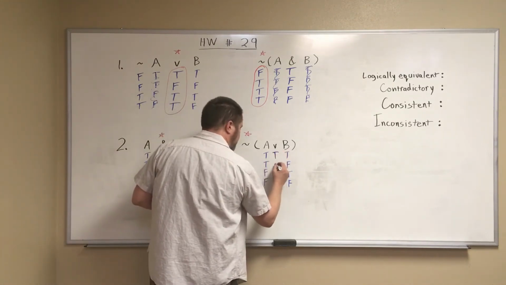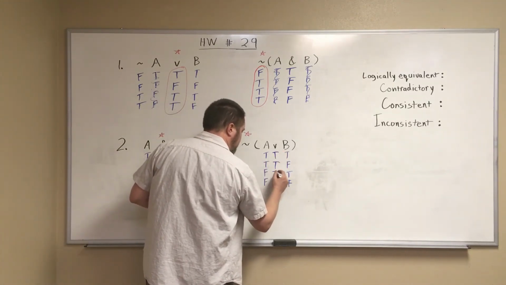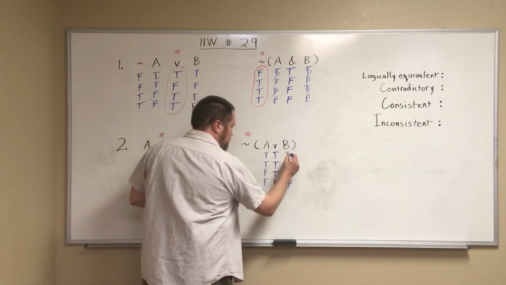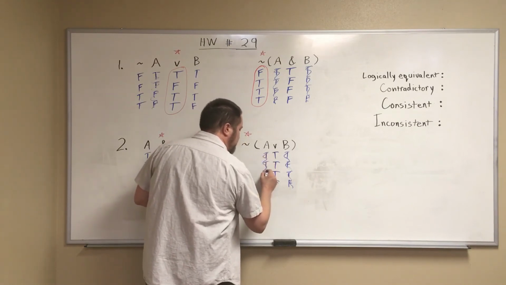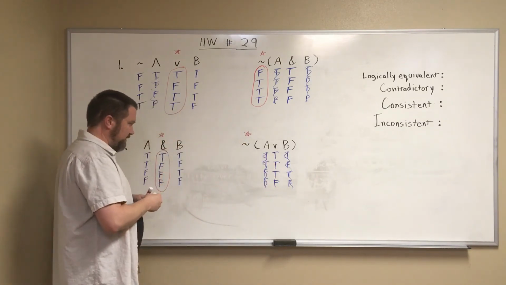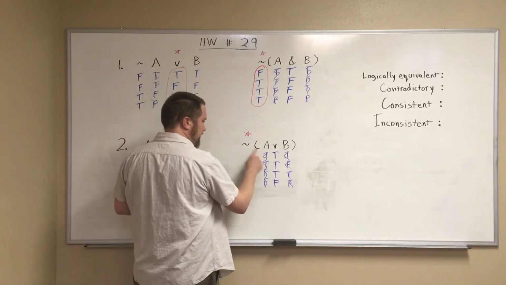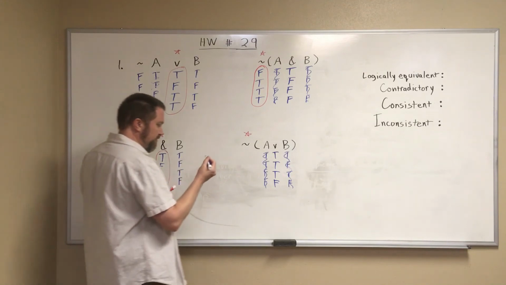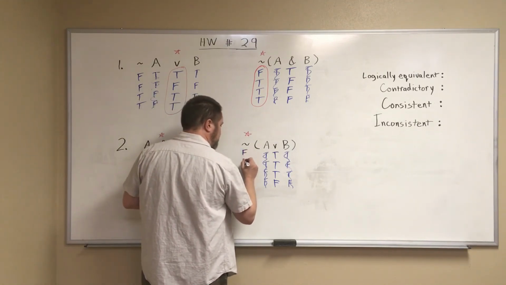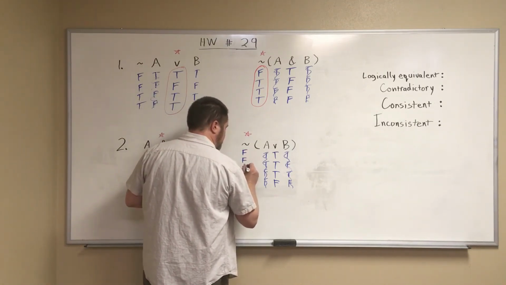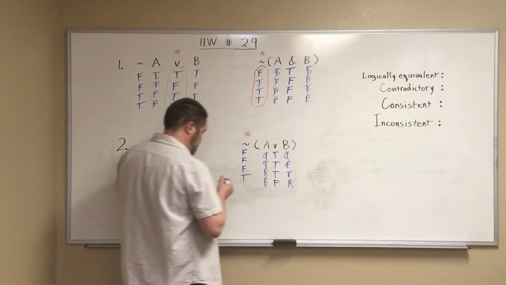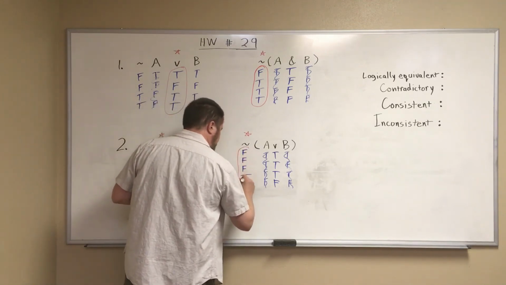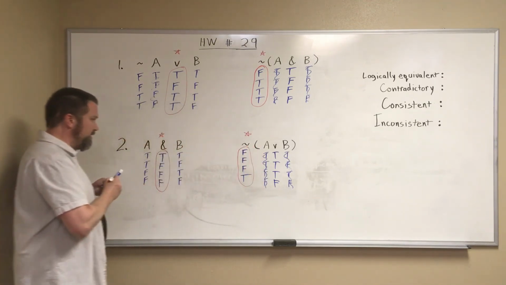We have one true there, one true there, one true there, and these, both of them are false. So you can cross out the two columns that you're not going to need. And this is a negation of that disjunction. So it's just opposite truth values. False, false, false, true. And since that's under the main operator, that is the column we want to look at and compare.